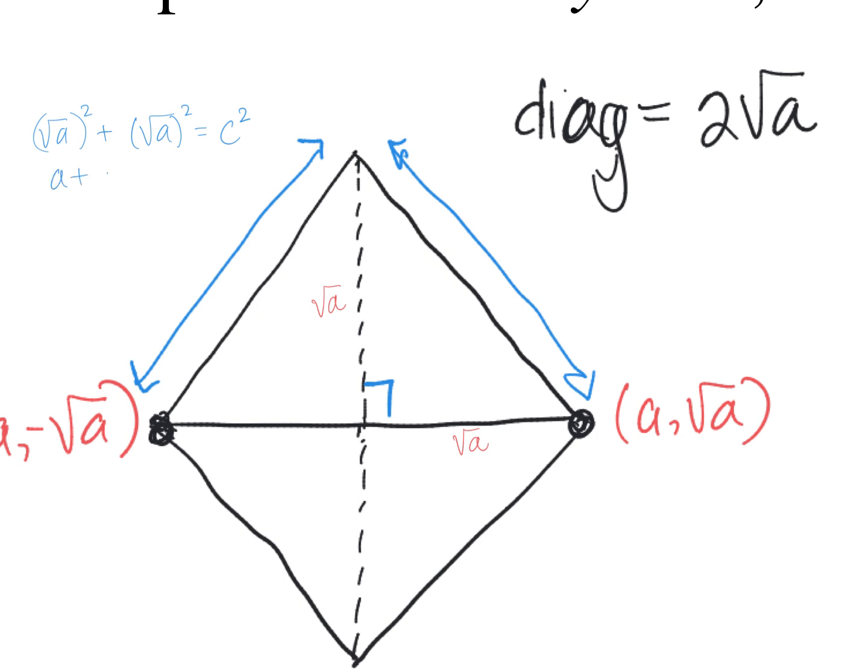So that'll be a plus a, or 2a. So c is the square root of 2a. So now we know that this is rad 2a, and so is this. So that gives me the length and the width of the square.